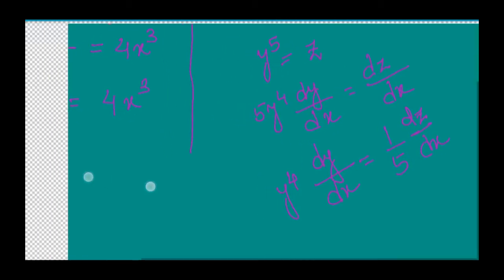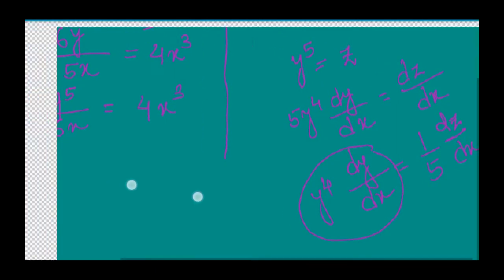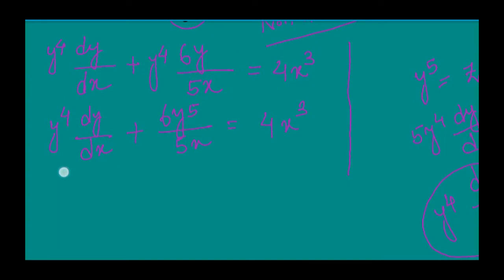So we can put this in the first term, so it will be 1 by 5 dz by dx plus 6z by 5x is equal to 4x cube, and here dz by dx plus 6z by x, I have multiplied 5 on both sides, so it will be 20x cube, and this is now in linear form.